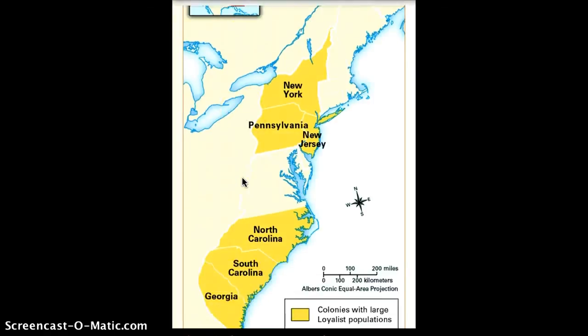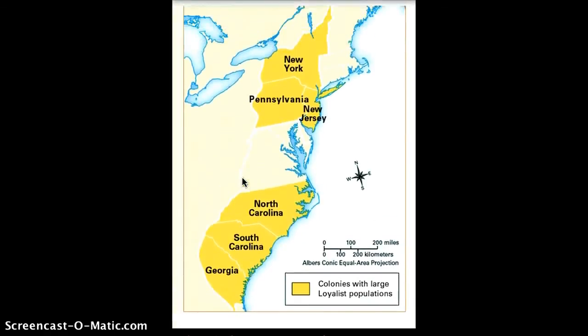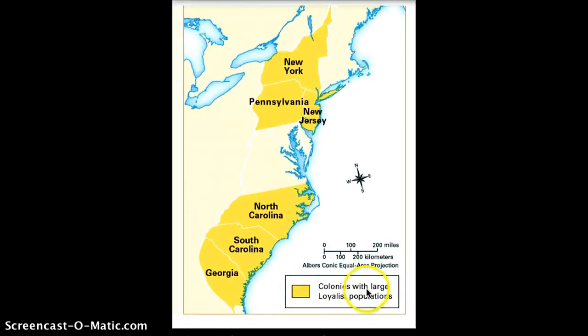I want you to take a look at the map here that tells us we have our colonies with very large loyalist populations. Okay, you take a look at the map here. When we compare it to our other one, we see that not every colony had a large loyalist population. Places like New York, Pennsylvania, New Jersey, North Carolina, South Carolina, and Georgia.